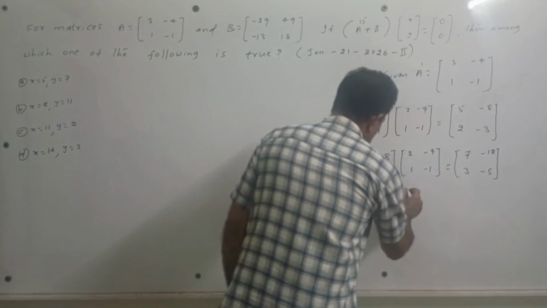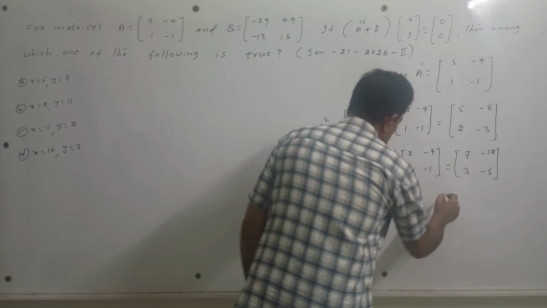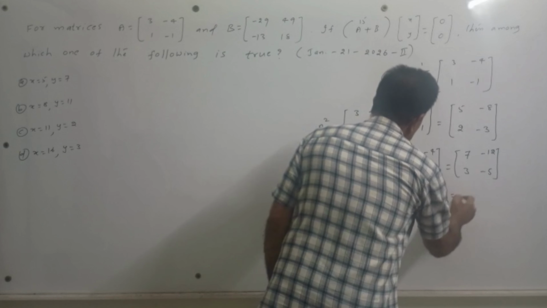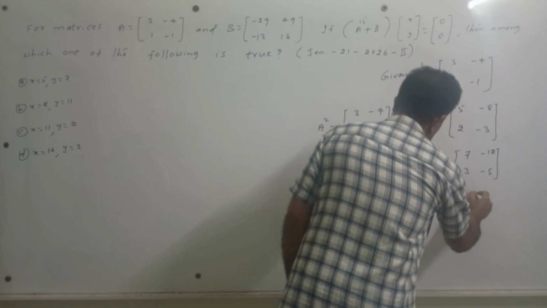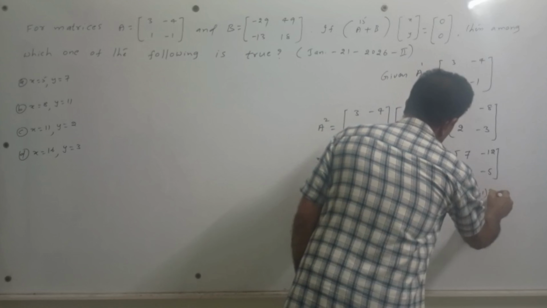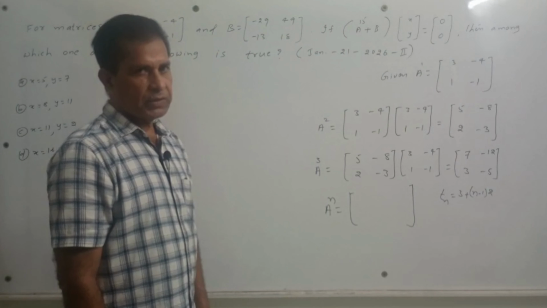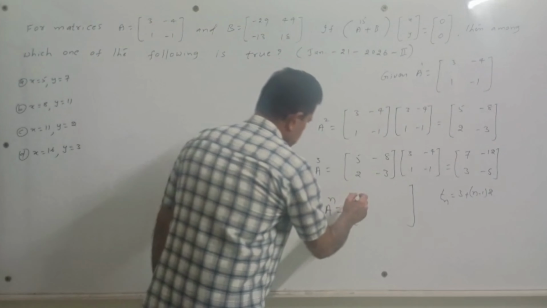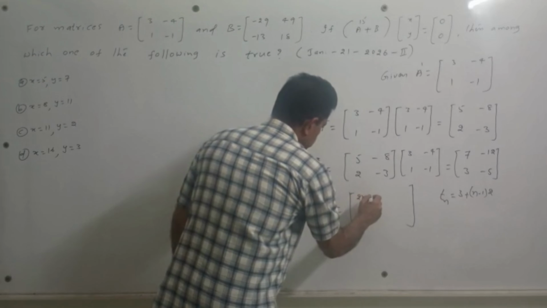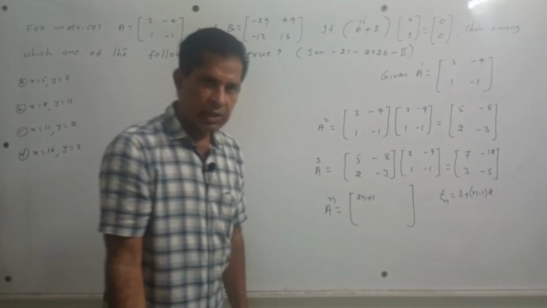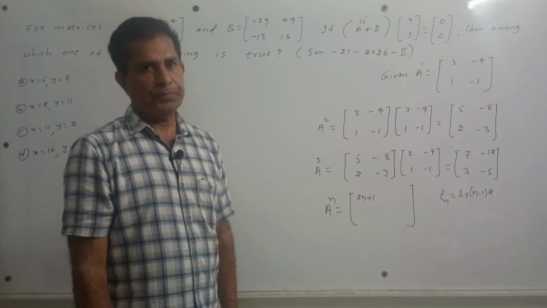What is the nth term? For the nth term, Tn is equal to a plus n minus 1 into d. So that becomes 2n minus 2 plus 3, that becomes 2n plus 1. That is the first element in A to the power of n.